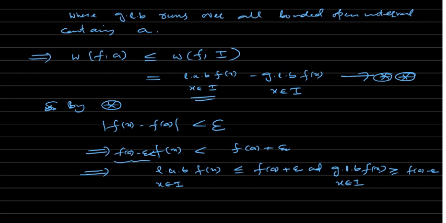Okay, so now look at this: the LUB is less than or equal to f(a) plus epsilon, but the GLB is greater than or equal to f(a) minus epsilon, so minus the GLB will be less than or equal to minus (f(a) minus epsilon).